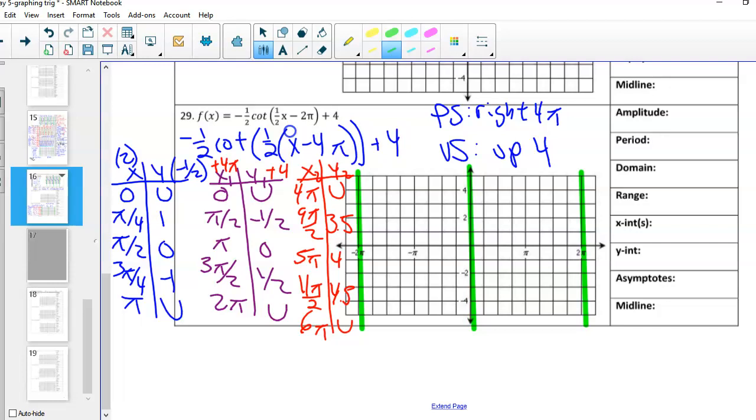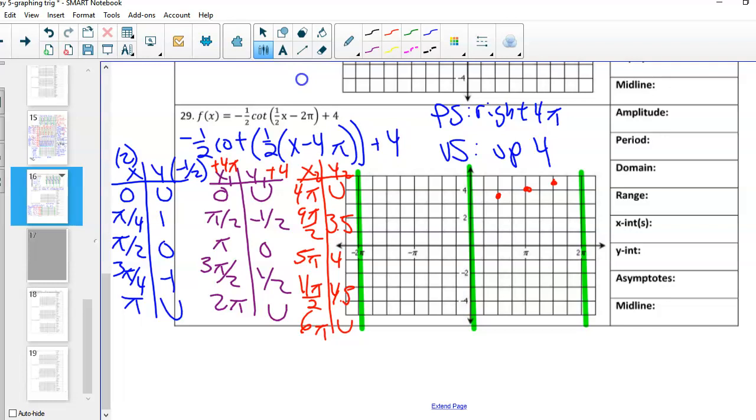That means if I'm counting by halves, if this was 0, this would be pi over 2, or 1/2. So at pi over 2, it would be 3.5. That would be 1, or pi. So at pi, it would be 4. 1 1/2, or 3 pi over 2 would be 4.5.